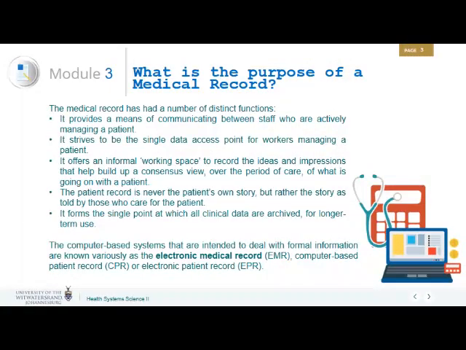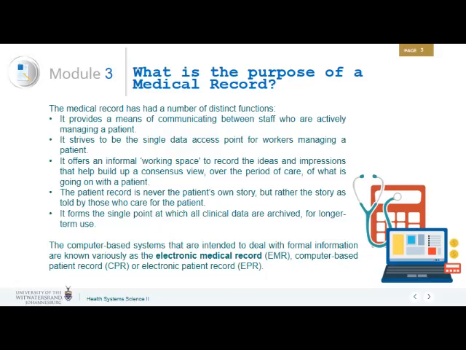Slide 3, we look at the purpose of medical records. Medical records have a number of distinct functions. First of all, medical records provide a means of communicating between staff members who are actively engaged in managing a patient.